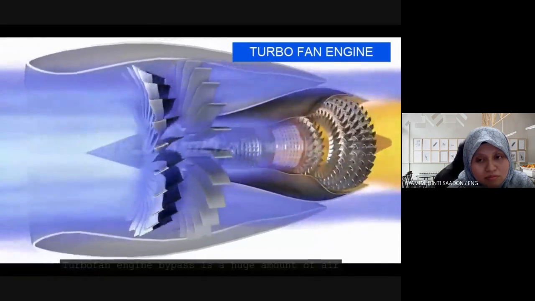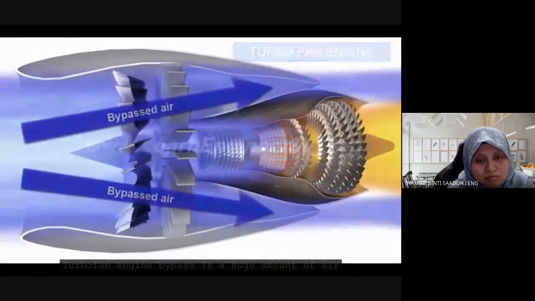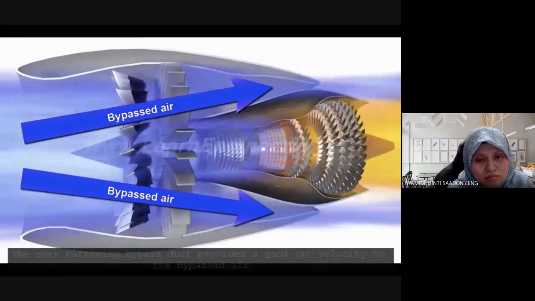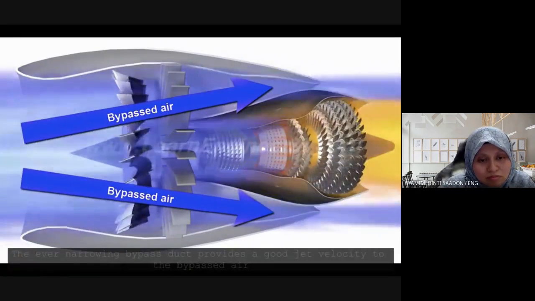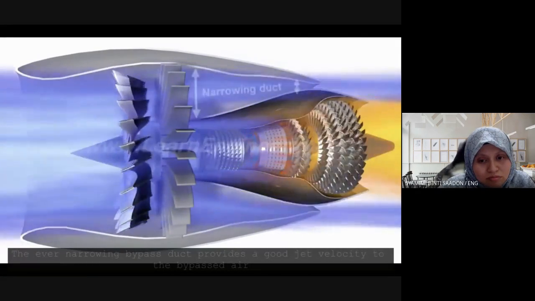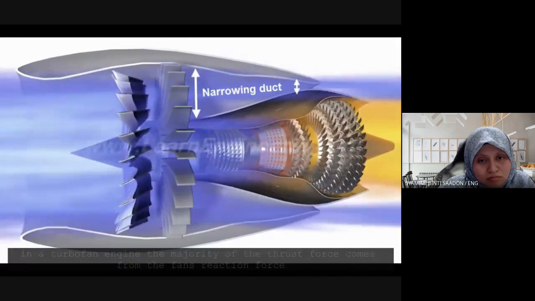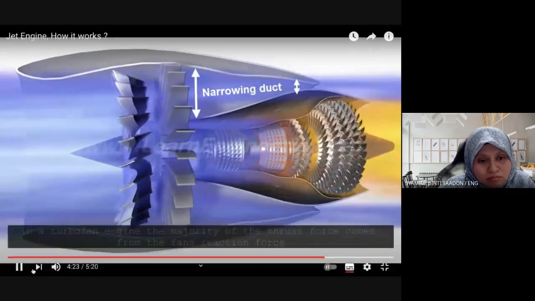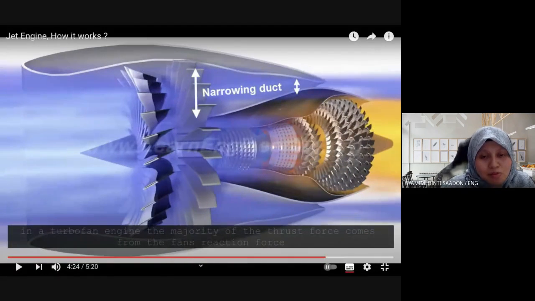A turbofan engine bypasses a huge amount of air. The ever-narrowing bypass duct provides a good jet velocity to the bypassed air. In a turbofan engine, the majority of the thrust force... Okay, so the difference between the turbojet and turbofan is that we have the fan and we have the bypass air, extra air, okay?